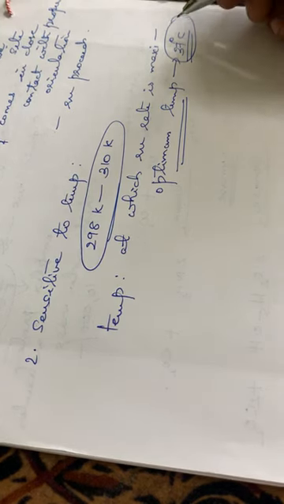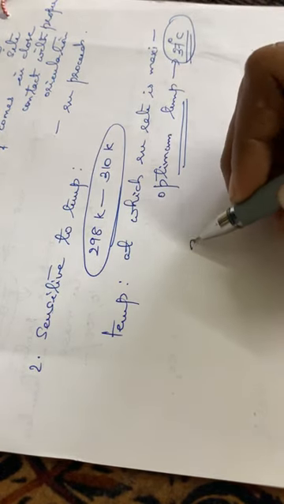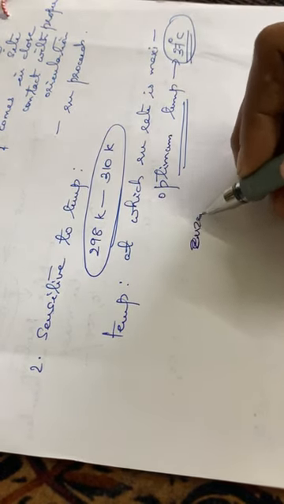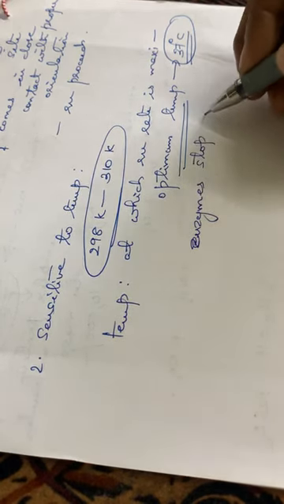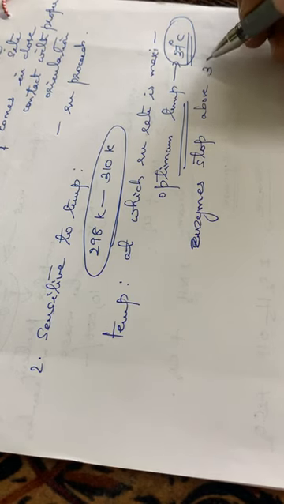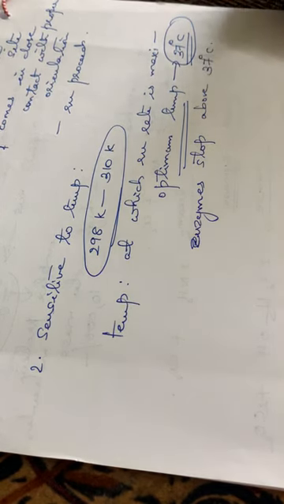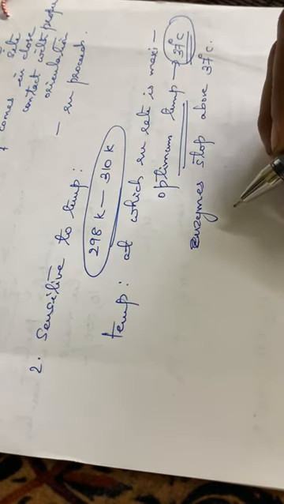See, while we are having fever, the body temperature increases, isn't it? While the body temperature increases, the enzymes will stop acting. The enzymatic action will not function above 37 degrees Celsius. So that is why very high body temperature is quite dangerous for human beings.